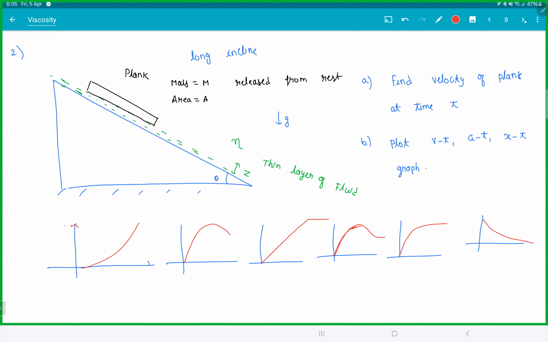VT graph. Let's call them ABCD. 1, 2, 3, 4, 5, 6. Without solving, how do you guess?